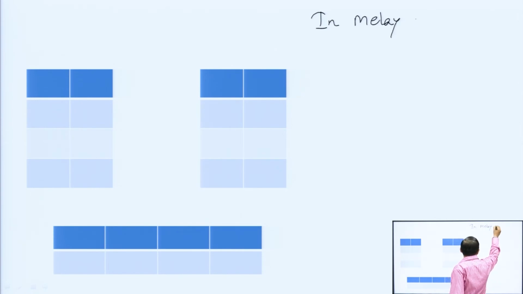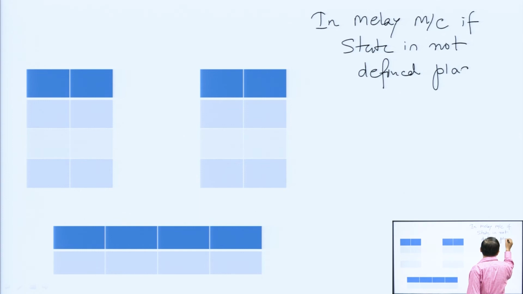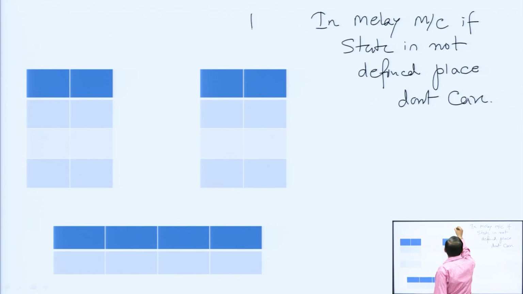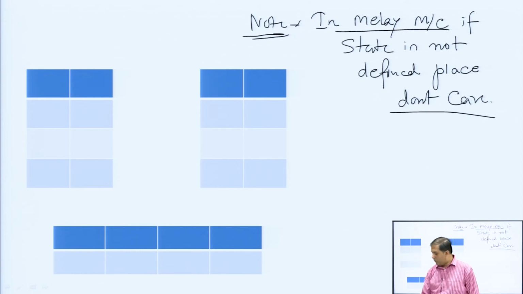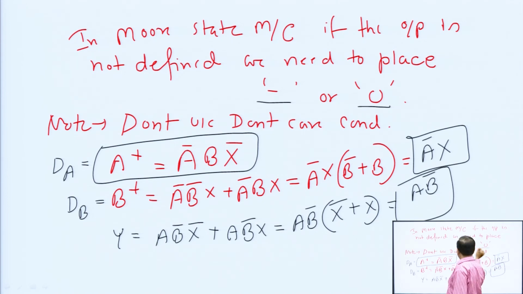So, you can write like that: in Mealy machine, if the state is not defined, place do not care. This is a very important point to be noted for Mealy and Moore. This is for Mealy machine, do not care, and for Moore machine we have to put dash. Here we have written dash or 0.